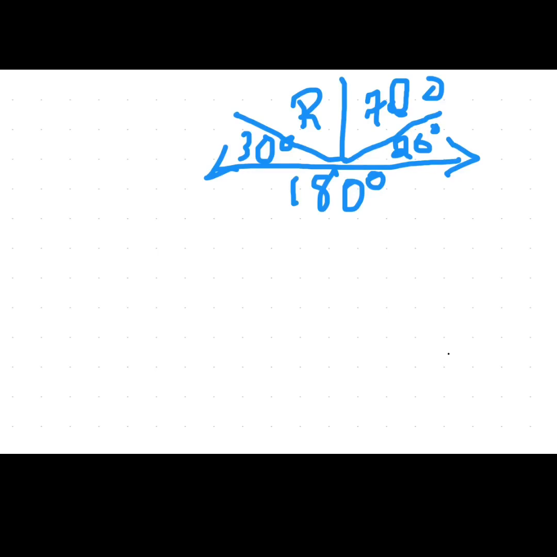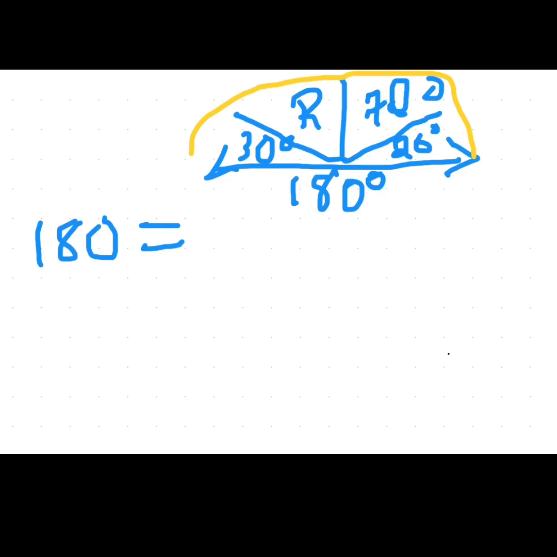We know 180 degrees equals all of the degrees that we have here. All of these added together equal 180. So to set it up as a problem, we're going to put those equal to 180. And since it's this one, and this one, and this one, and this one, we are going to use addition.